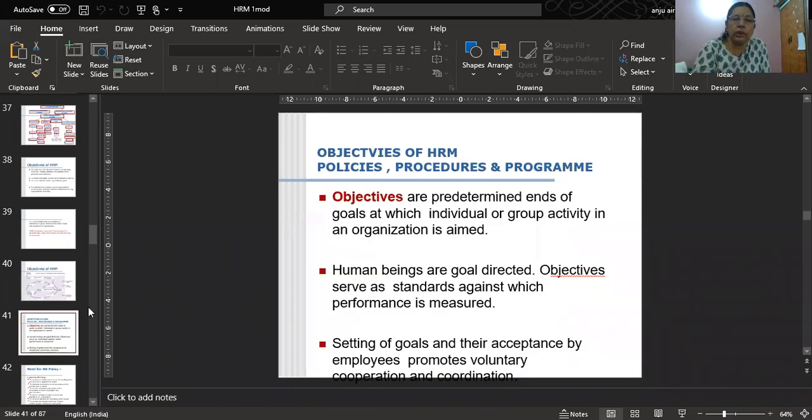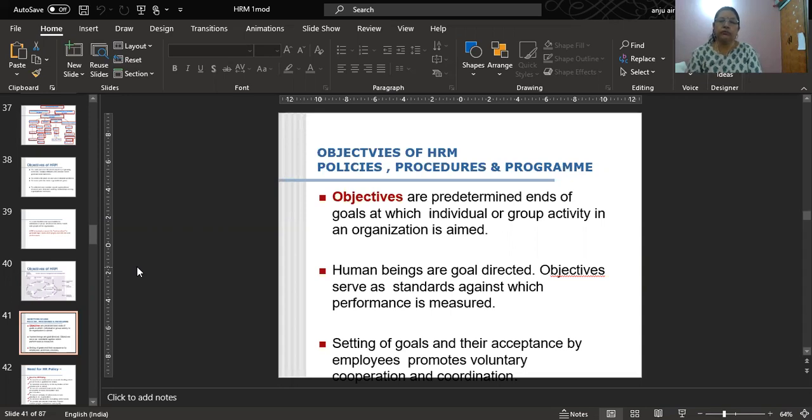So this is also again determined in a diagrammatic way. Human beings by nature like to have some goals. These goals are standards against which their performance is measured. So it is always better to determine goals for your employees, whether individual goals or group goals, or based on the organizational goals.